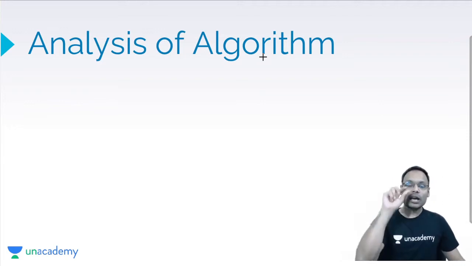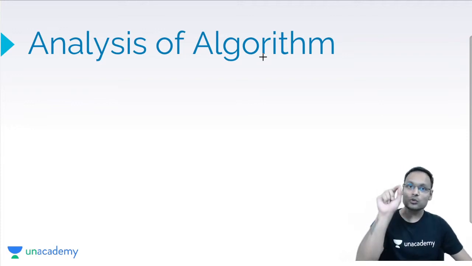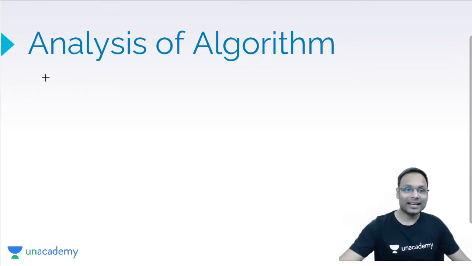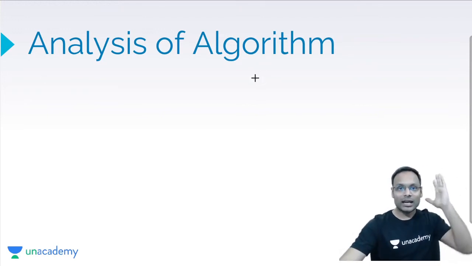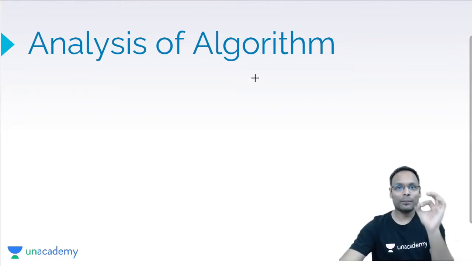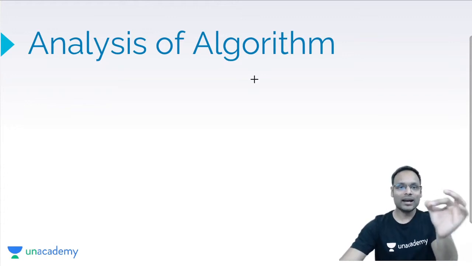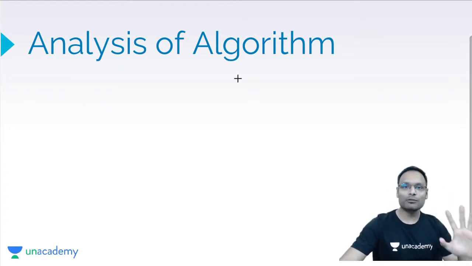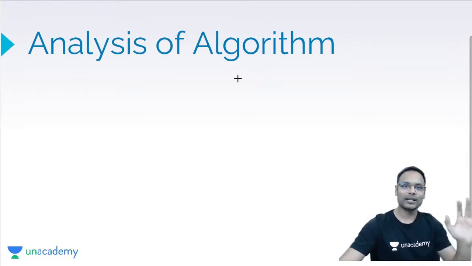How do you compare two or more algorithms which are trying to solve a single problem? And that is where the analysis of algorithm comes into the picture. अगर हमें दो algorithms को compare करना है जो एक ही problem को solve करती हैं, तो हमें लगेगा analysis of algorithm. Don't worry guys, if you don't understand Hindi, I am just repeating whatever I have spoken in English.